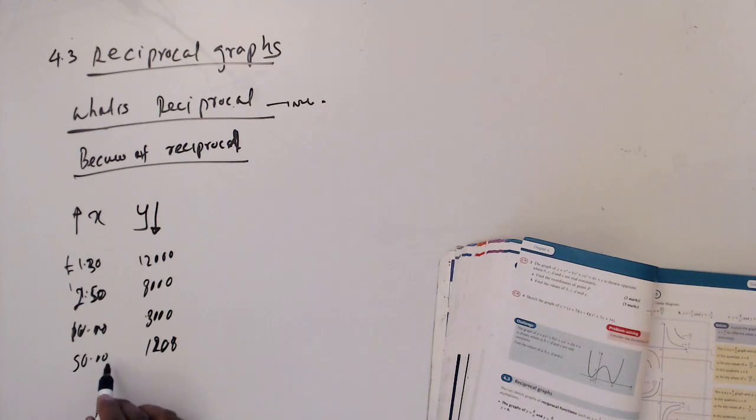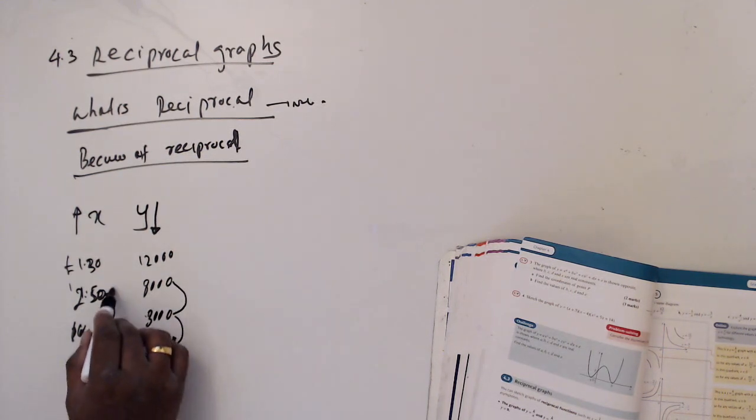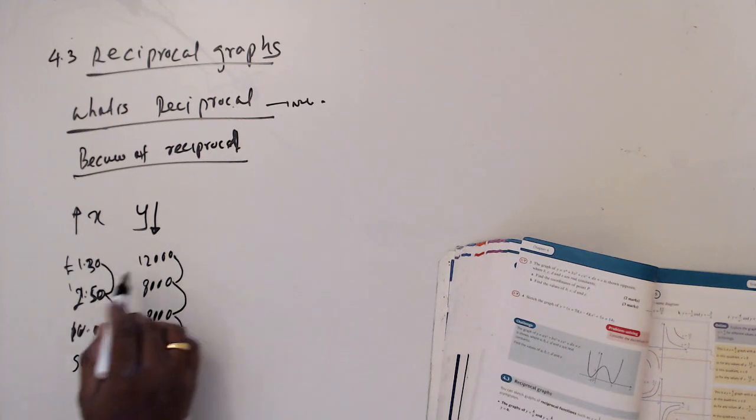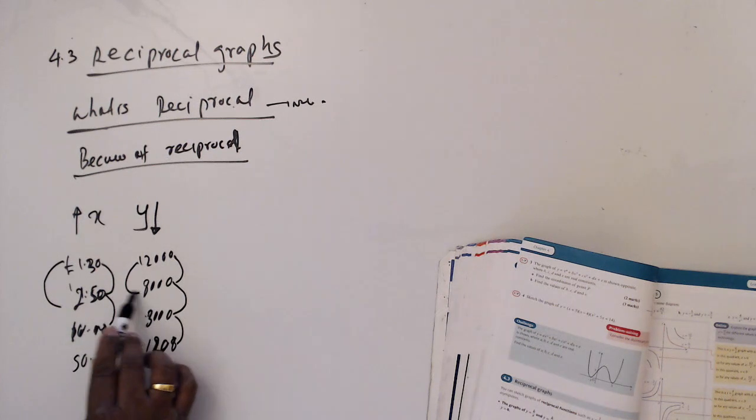And in the same way, when the price is decreasing, this value is increasing. When it's 2.50, it's 8,000. At 1.30, it's 12,000.